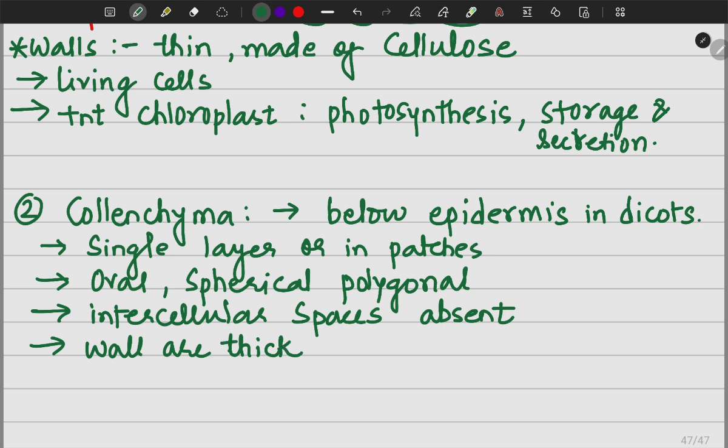Cell walls are very thick, and their corners are quite thickened.